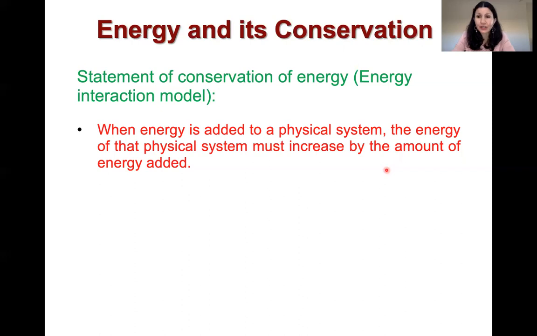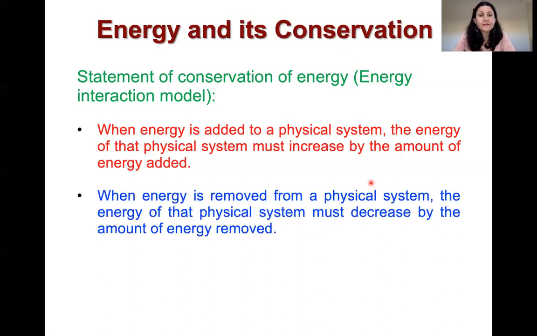That energy cannot go anywhere else. And vice versa is true. If instead of adding energy, we remove energy from some physical system, then the energy of that system must decrease, by exactly the amount that was removed.